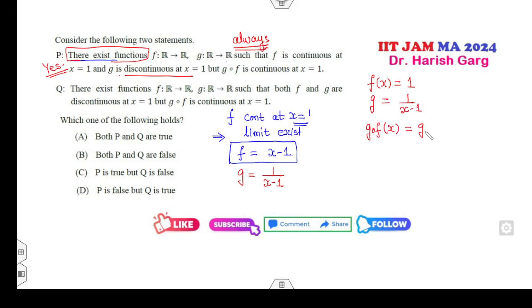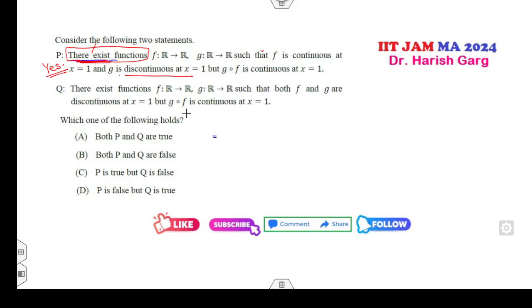This is g of 1, and clearly g of 1 is not defined. That means it is not continuous. So where "there exists" is stated, you can define the functions in such a manner. But if it were said "there always exists," then the answer of P is wrong.